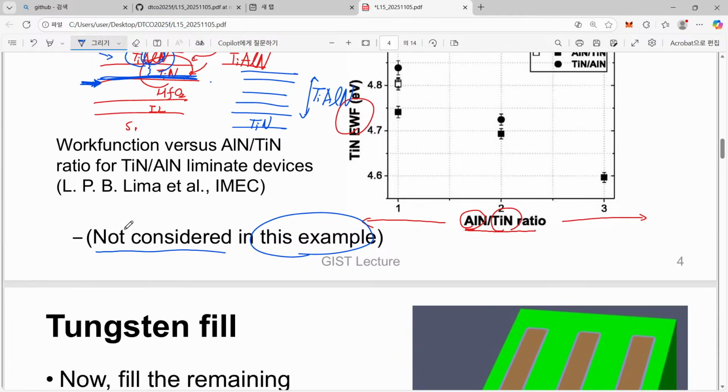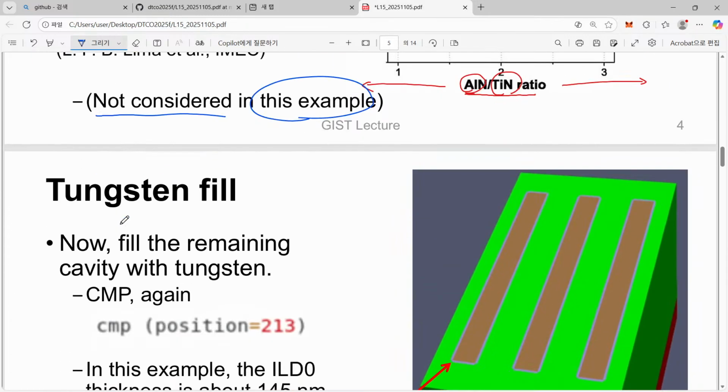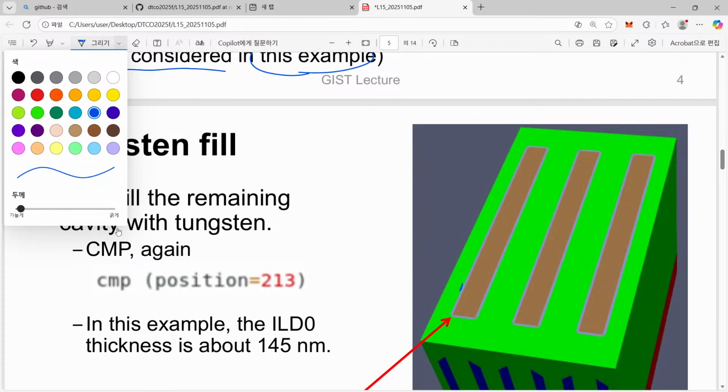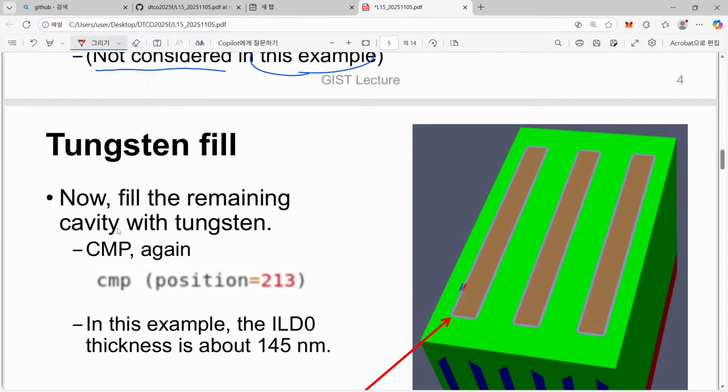However, right now we will just cover this topic with this brief lecture, and go to the next step. Now we assume that here we have high K. This corresponds to the high K, this purple one, and in reality we have also introduced work function metal with varying thickness.